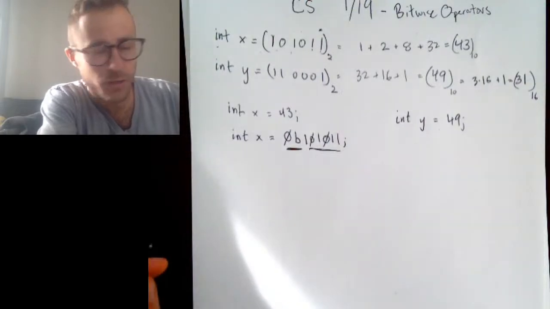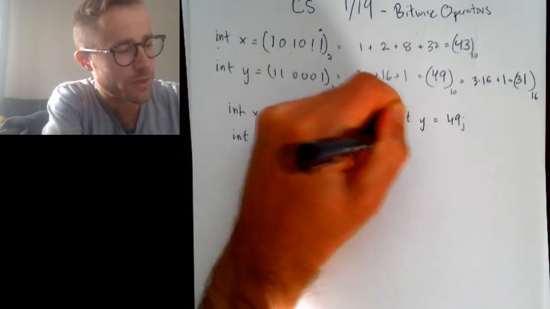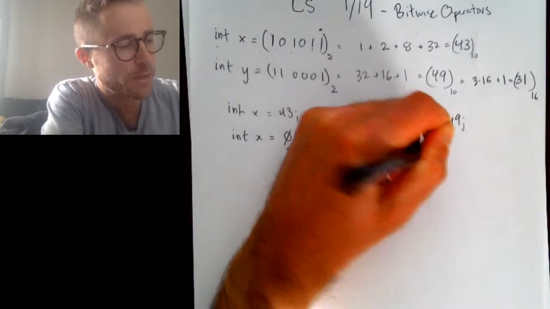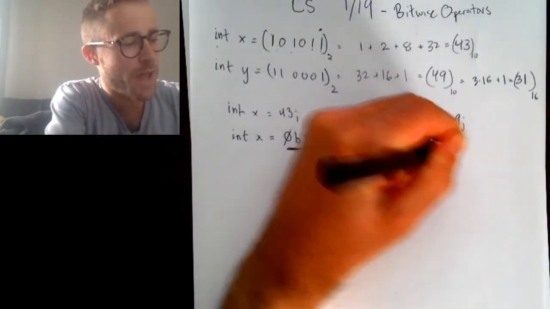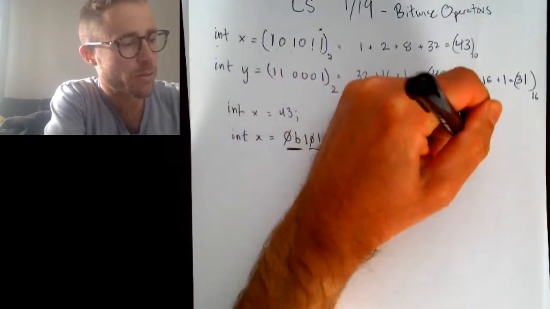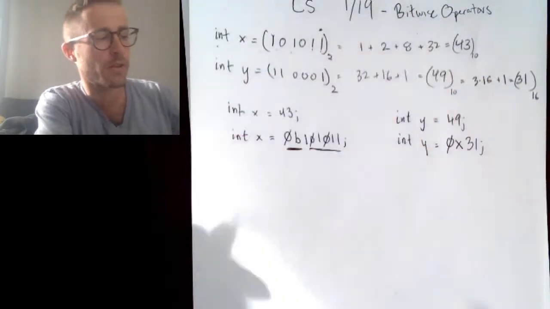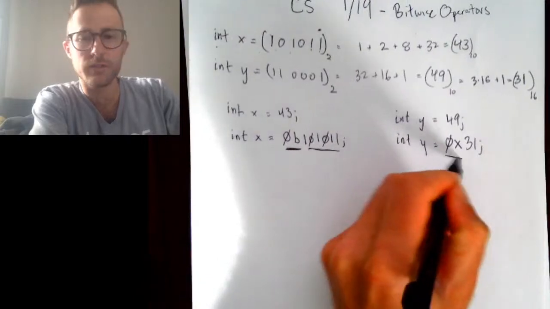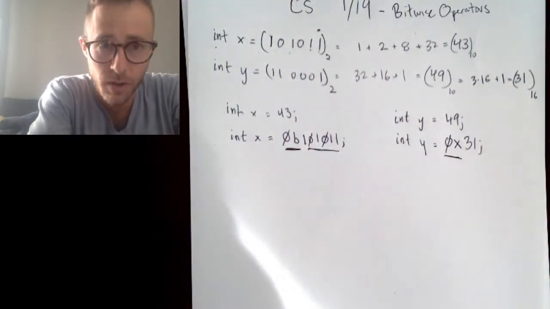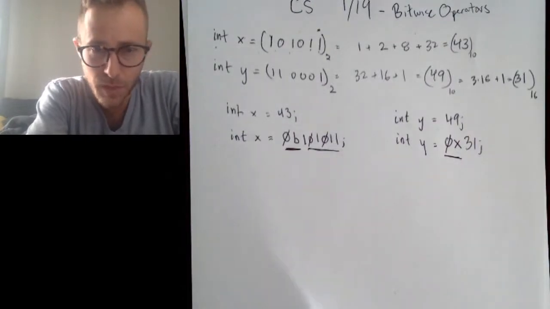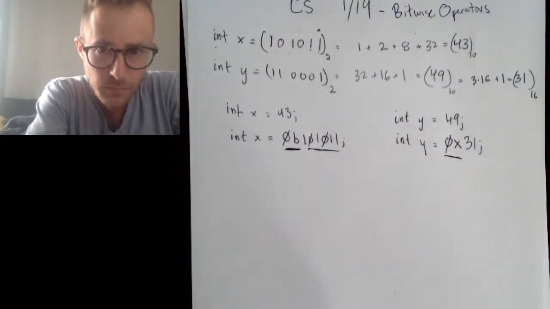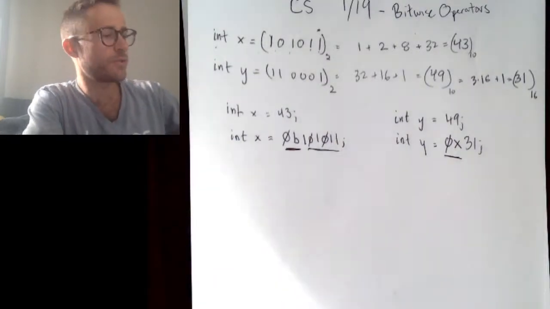Or if I wanted to express it in hexadecimal, I'd say int y equals, and instead of 0b, you do 0x 31. So 0x tells the compiler that the number that follows is in hexadecimal. So you can define variables in that way, which is kind of nice.